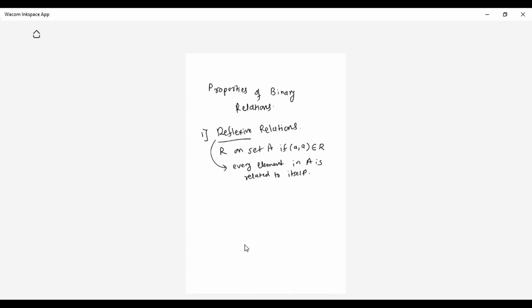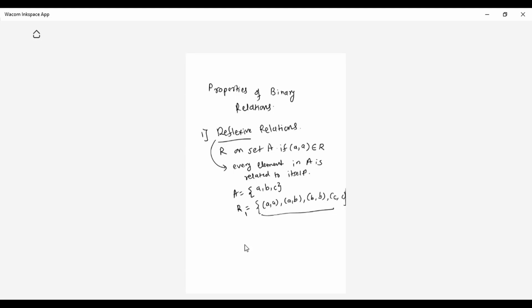Suppose I have A = {a, b, c}, and a relation R1 = {(a, a), (b, b), (c, c)}. Would this be a reflexive relation? What is our definition?